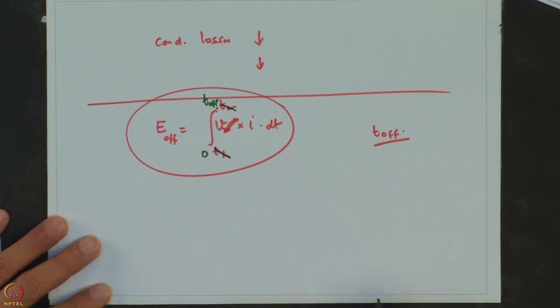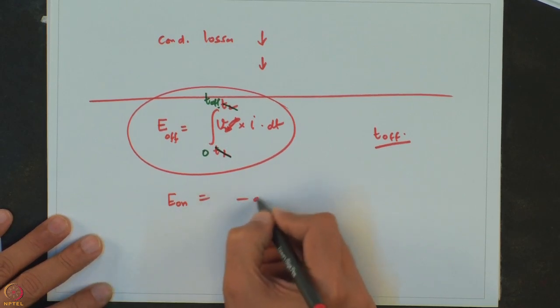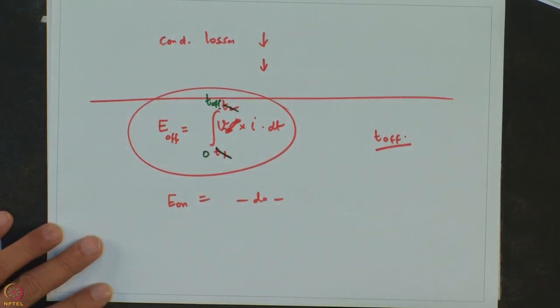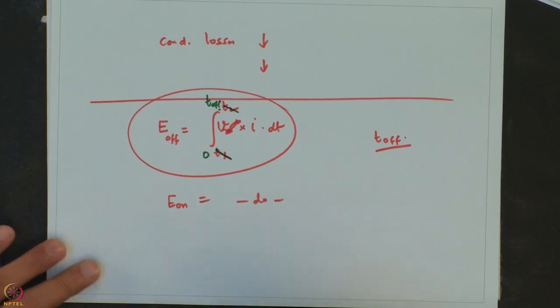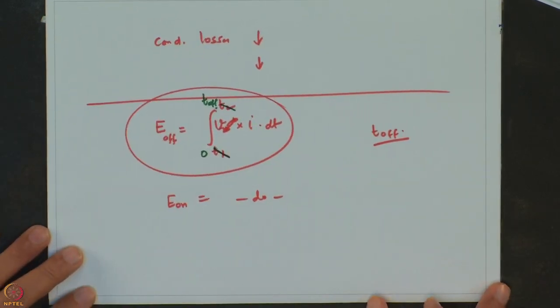Now, we can find that during the turn on process also a similar loss will take place, and that can be denoted by simply E on, and we will get a similar expression. There are cases like, for example, when we were doing power diodes, we have seen that it leaves a tailing effect, or it has the problem of reverse recovery charges.